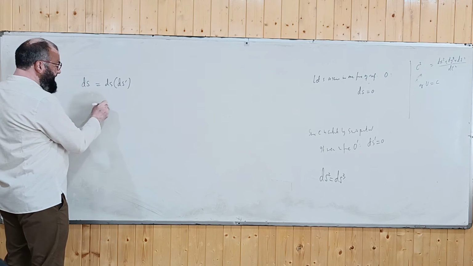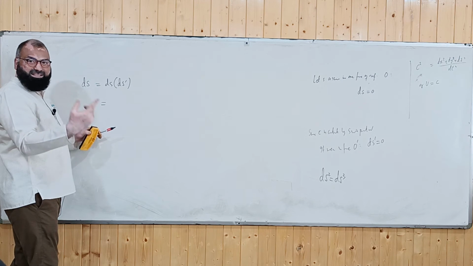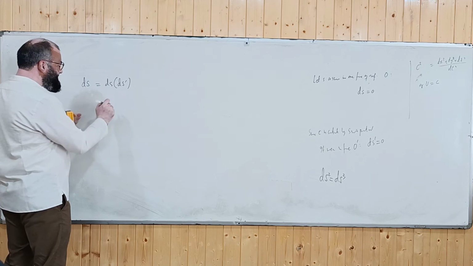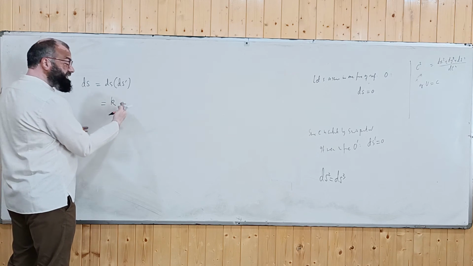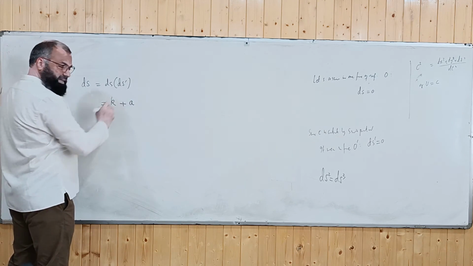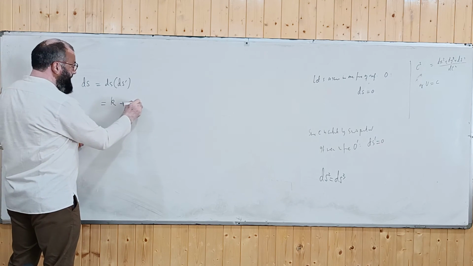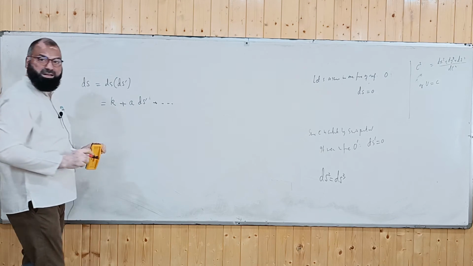So a Taylor series expansion would be, what is the first term always? That's a constant term. So let's write that as a constant k. And what will be the other term? A derivative term multiplied by this value. So I will call that some a, multiplied by ds prime, plus all higher order terms.